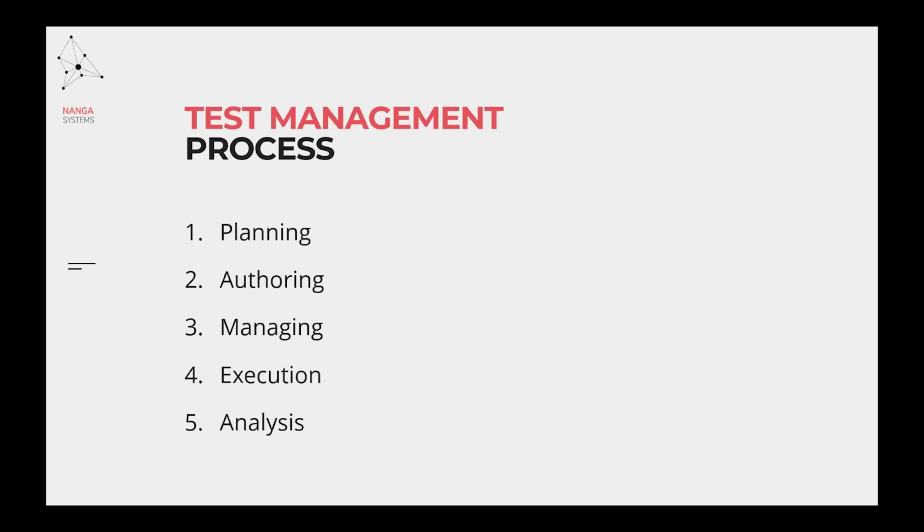This phase ensures that testing is carried out as planned and any issues that arise are promptly addressed. Finally, the analyze step involves evaluating test results and identifying trends. This helps in understanding the effectiveness of the testing process and identifying areas for improvement.